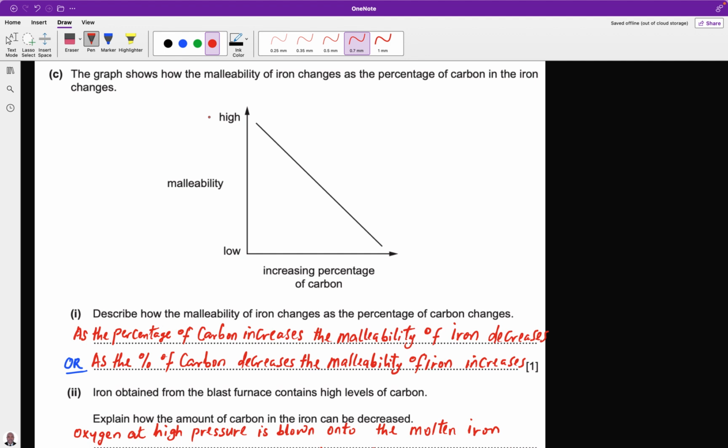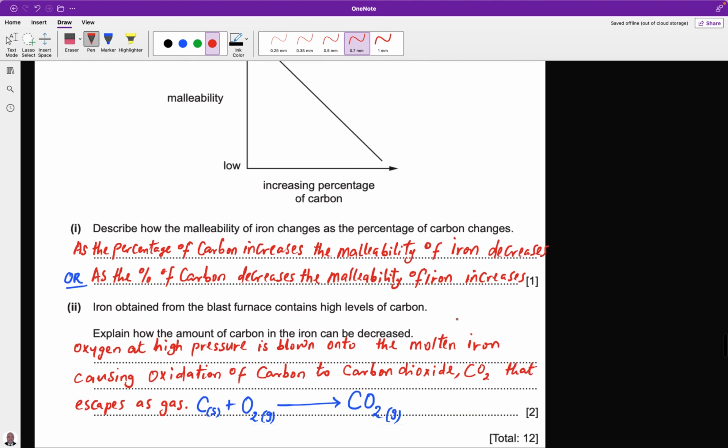You should see from the graph that the graph is sloped from left to right, indicating that as the percentage of carbon increases, the malleability of iron decreases. Or you can say as the percentage of carbon decreases, the malleability of iron increases. Just read it from the graph.